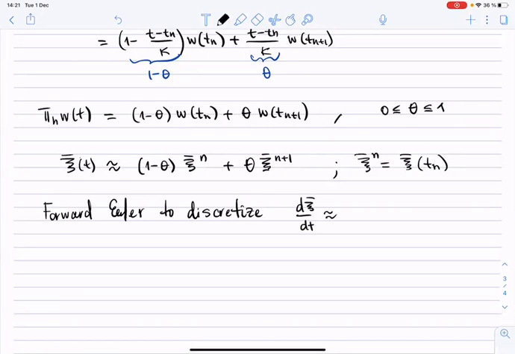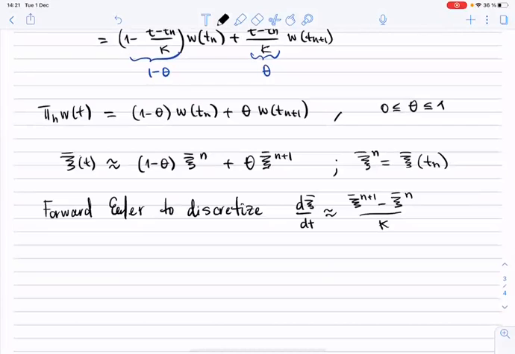So it equals psi n plus 1 minus psi n divided by Kn.